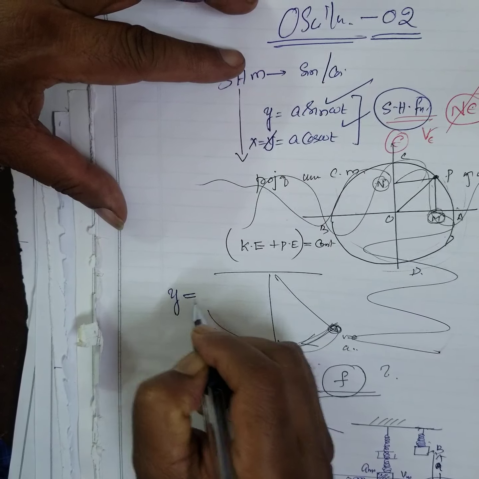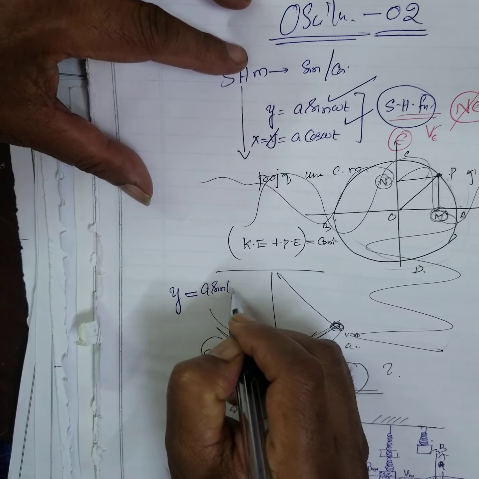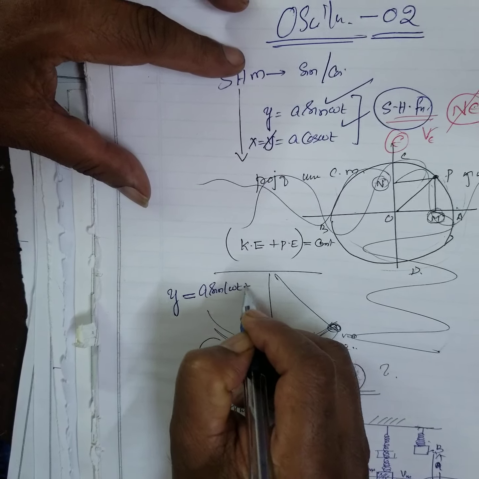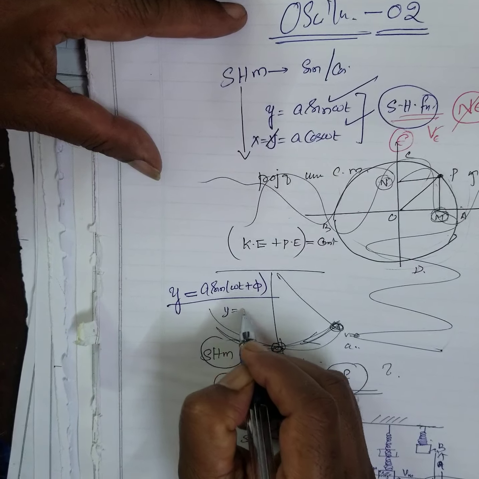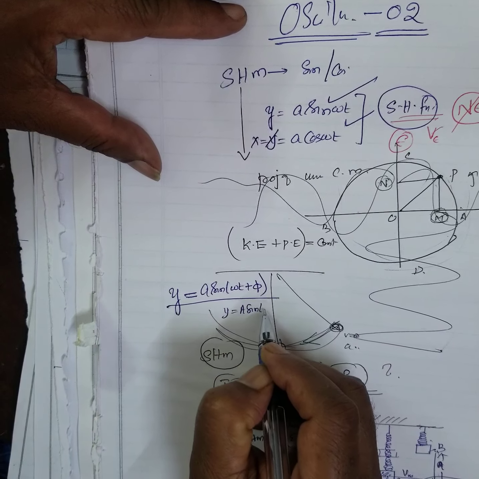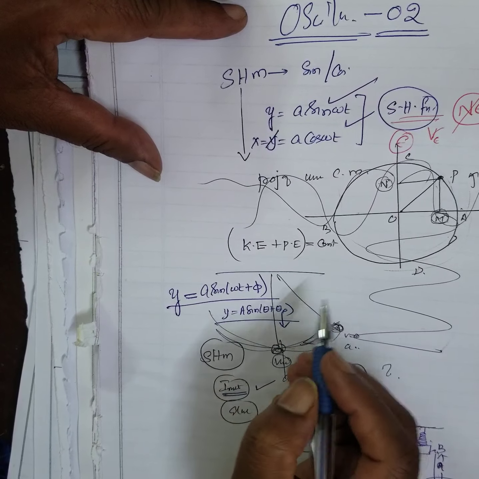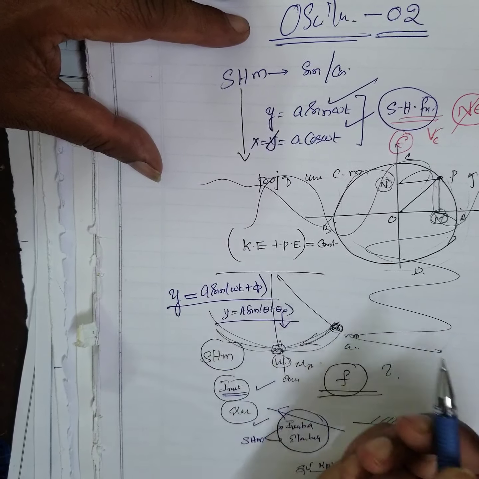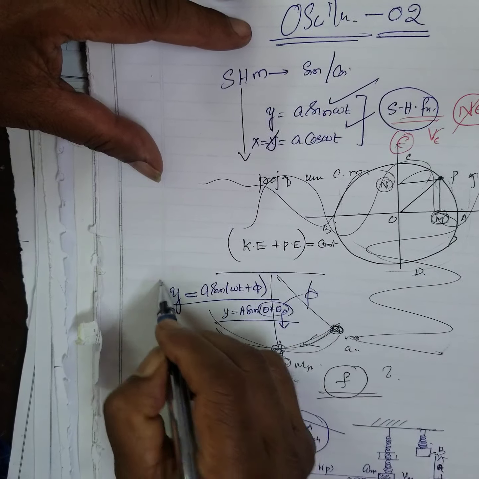It is given by the formula A sine omega t plus phi, right? This is called the initial phase. Last class I had done y equals A sine theta plus theta naught, the initial phase. This entire thing is the phase. We can use any symbol, right?